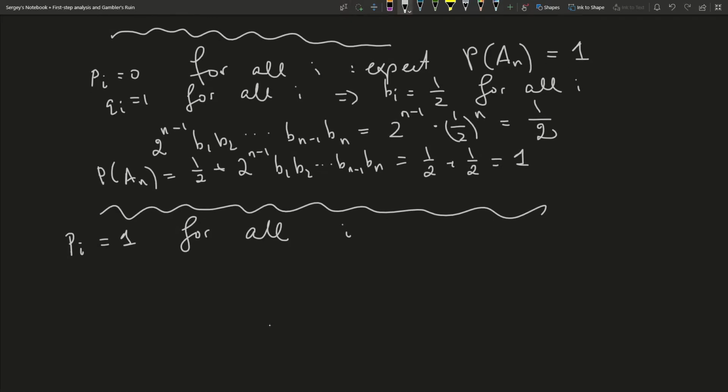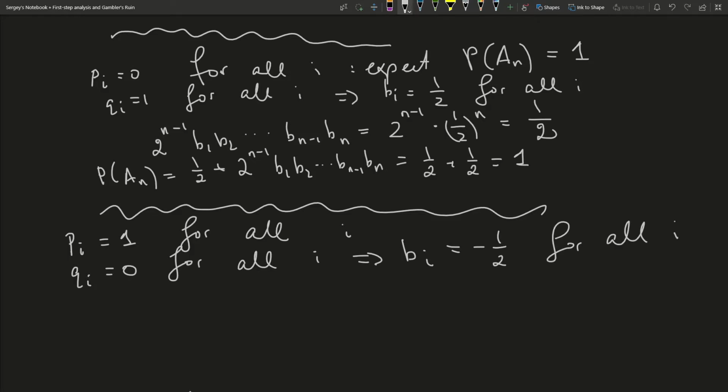So if pi is 1 for all i, then q sub i is 0 for all i, which implies that b sub i is negative 1/2 for all i. And so, again, the expression 2 to the power n minus 1, b1, b2, dot, dot, dot, bn minus 1, bn, becomes 2 to the power n minus 1 times negative 1 over 2 to the power n.